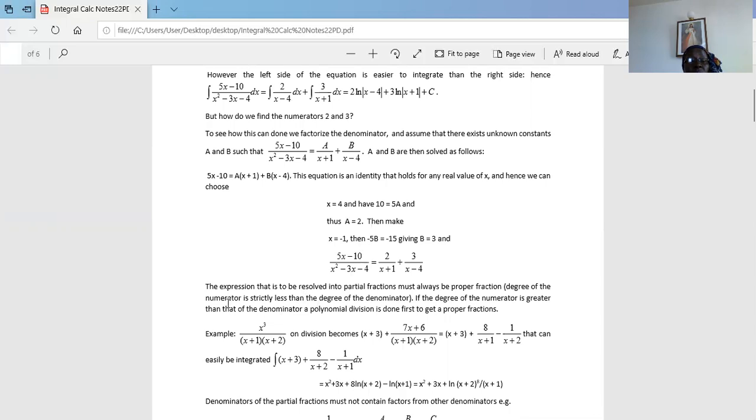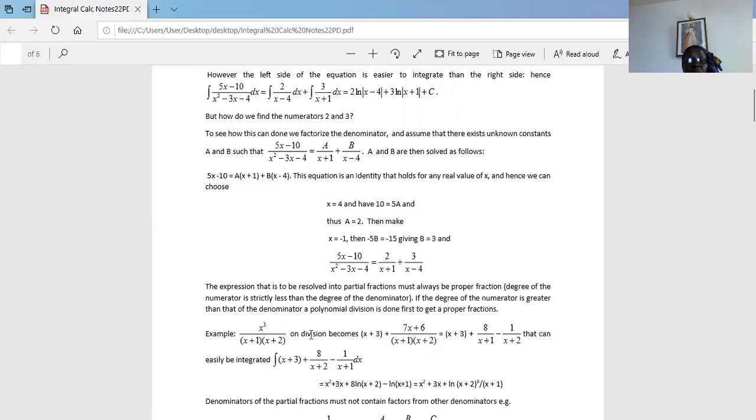Now we know that for us to express a given fractional function into partial fractions, the degree of the numerator must be strictly less than the degree of the denominator. However, if we have a case where the degree of the numerator is greater than that of the denominator, like the example we have here, you can see the degree of the numerator is 3, while if we expand this, we are going to get a degree of 2.